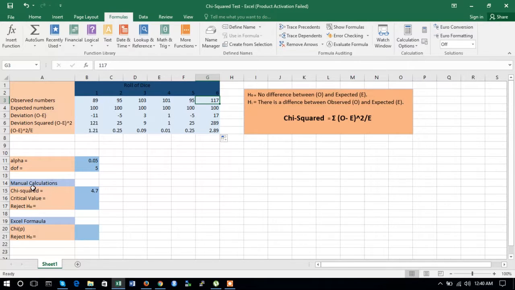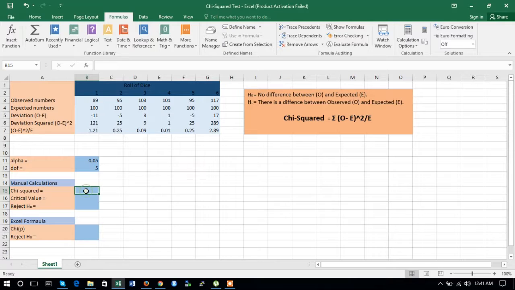So now we will be calculating the chi-squared value. I have calculated it already, but I will show you how to do it. You just have to sum all of these values, because that is the value of chi-squared.